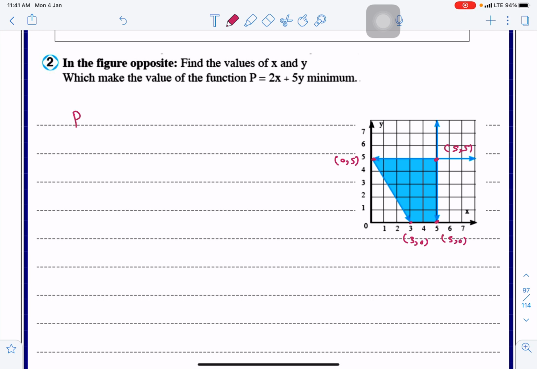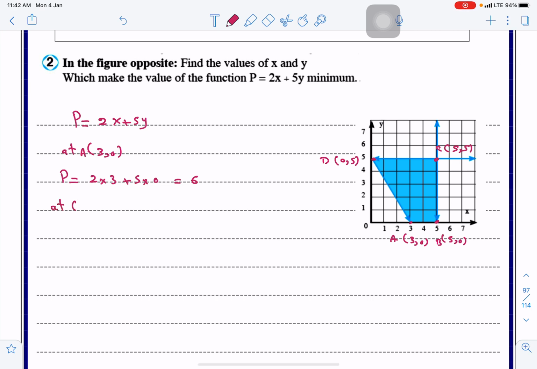The function P equal 2x plus 5y at the points A, B, C, D. At point A equal 3 and 0, by substitution, P equal 2 times 3 plus 5 times 0 equal 6.